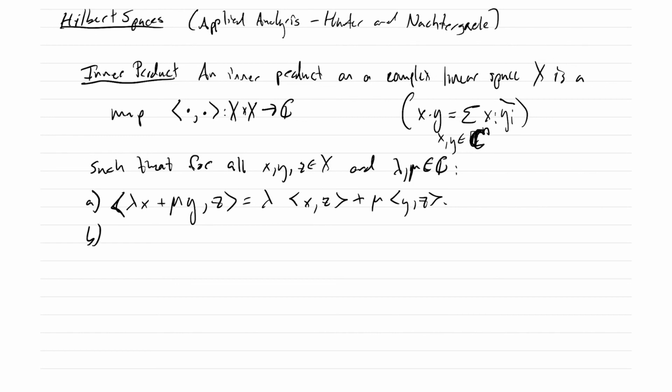Hunter actually puts linearity in the second variable, and this comes from motivation from the Riesz representation theorem and conventions adopted by physics. He says in applied mathematics, but truly applied mathematicians don't do that as much as he seems to claim, or maybe I'm just in a completely different field.